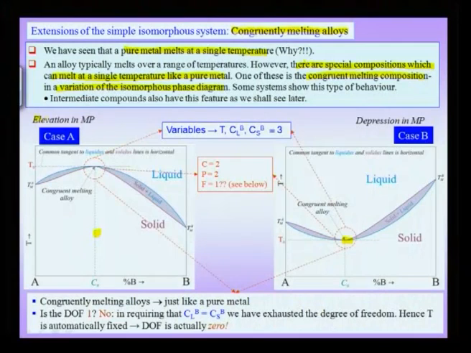One is elevation in melting point on the left hand side, another is depression in melting point, which is labeled as case B. So, in case A, we note that the liquidus line goes up compared to the normal, and the solidus line has two parts to it, the part to the left which forms a lens with the liquidus line, and again a right part which forms another lens with the liquidus line.